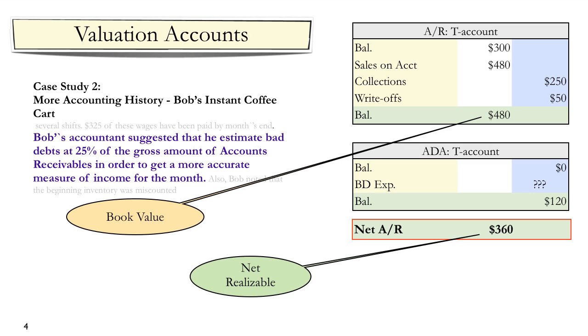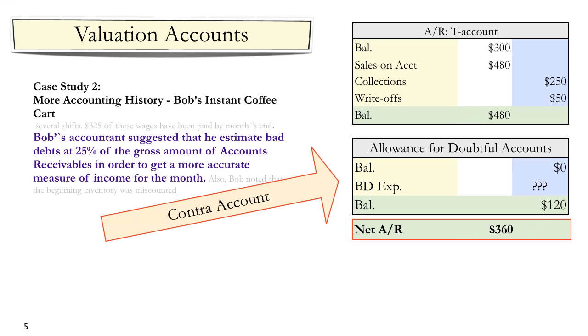Since accounts receivable is an asset account, in order to reduce its value from $480 to $360 requires a credit balance, and therefore the allowance for doubtful accounts will have a credit balance of $120. So once again, you can see the $120 represents what we refer to as a valuation allowance.